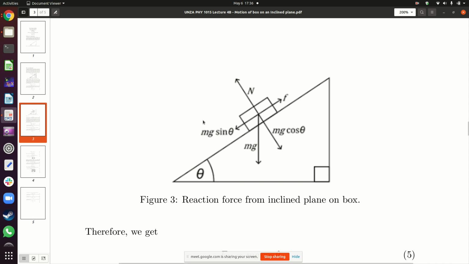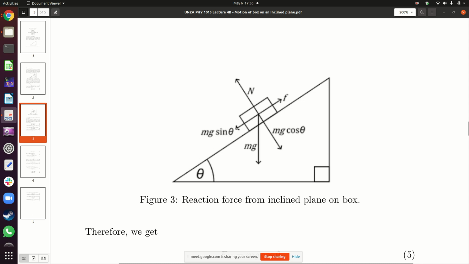And why does a box always tend to move downwards? Because in most cases, friction is much smaller than this mg sin theta. So if mg sin theta is greater than the friction, then the box will be pulled downwards. That's why your box always tends to move down.